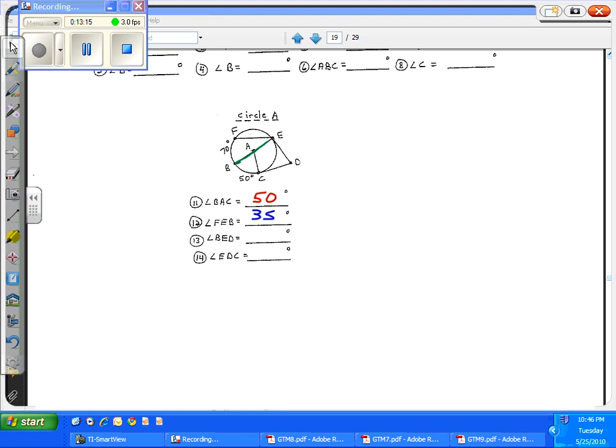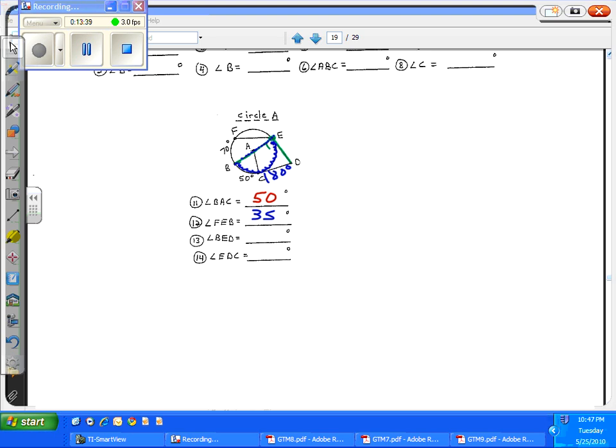Angle BED. B to E to D. Where's the vertex? On the circle. What's the rule? It's half the arc. How much is the arc? Well, it's a semicircle because that's a diameter. A semicircle is 180 degrees.